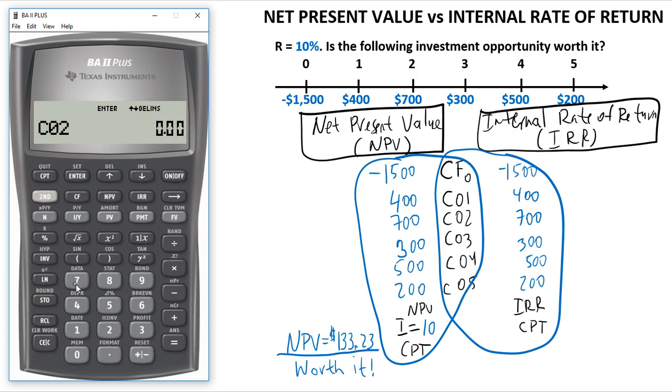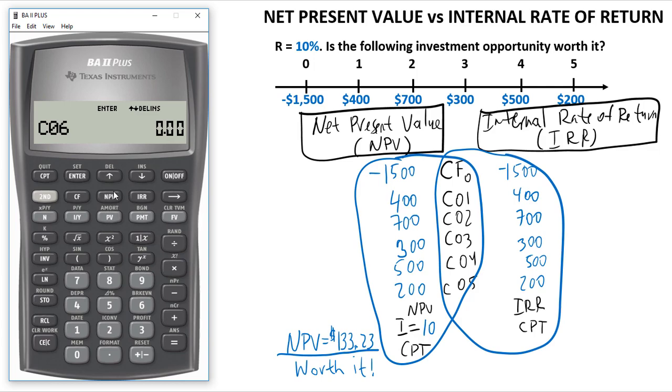Then cash flow year 2 is $700. I press 700, enter, down, down. Then we have 300, enter, down, down. Then we have 500, enter, down, down. And finally 200, enter, down, down. There is no more cash flow 6.